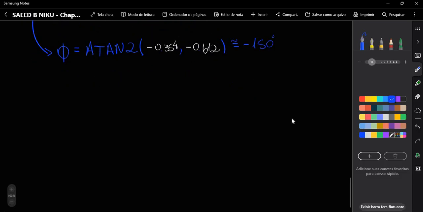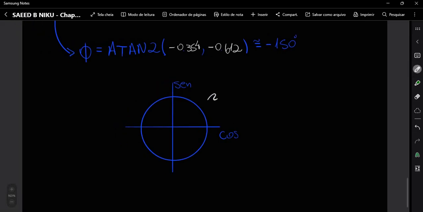So if we got both components for sine and cosine negative, I don't have the book right now, but let me see. Right here sine, and right here cosine. For sine it is positive, and for cosine positive also.